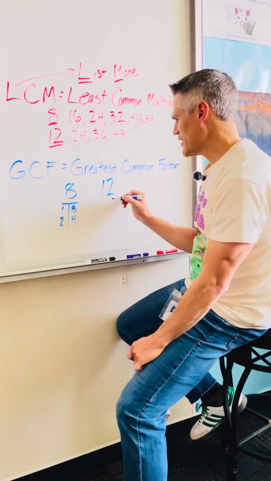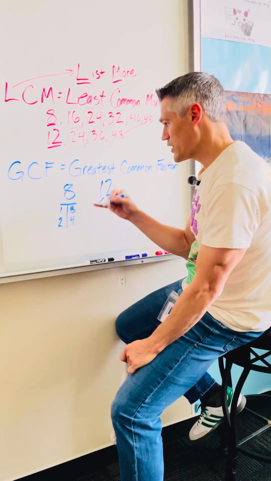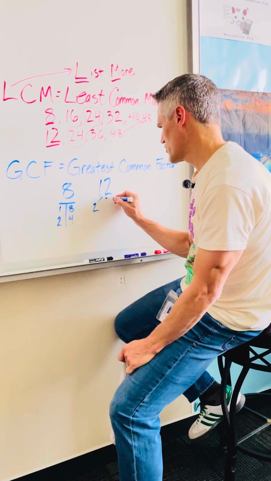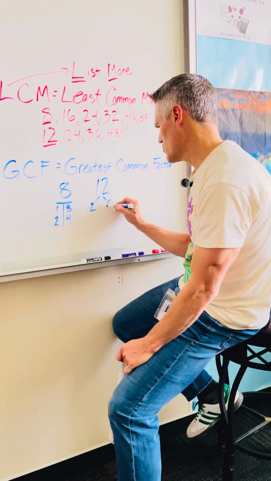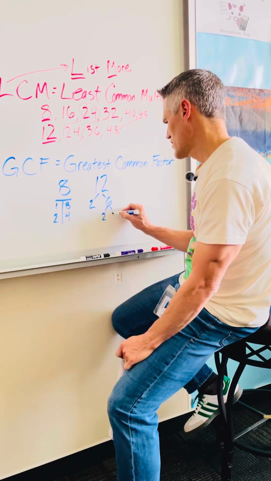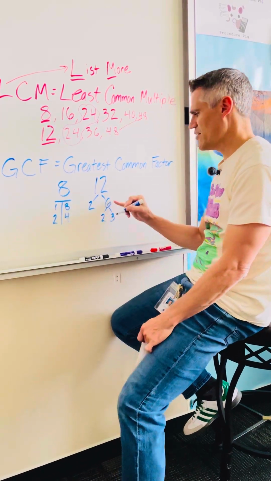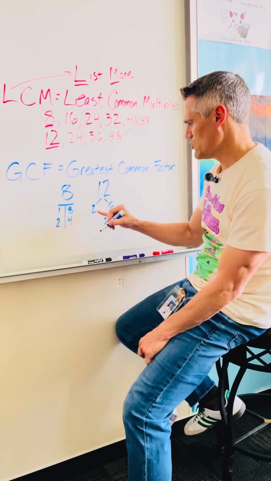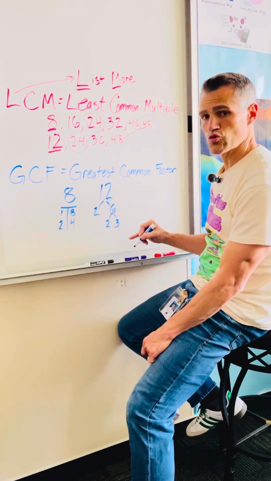Let's try doing that with a factor tree, and 1 and 12 are factors. We won't list those, but we will list 2 and 6, and then we have 6, 2 and 3 are factors of 6. So we have 2 times 2 times 3, that equals 12.